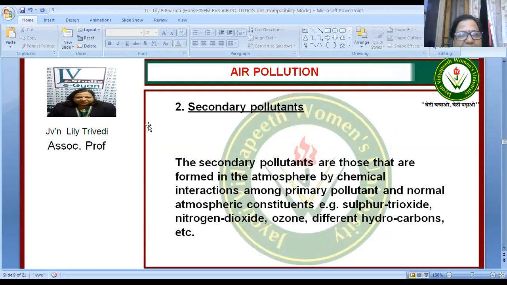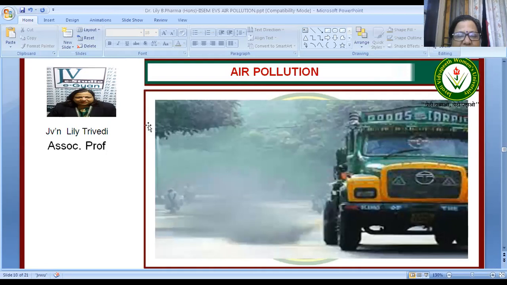Secondary pollutants are formed in the atmosphere by chemical interactions among the primary pollutants and the normal atmospheric constituents. So you can see a truck moving and the amount of air pollution it is emitting.